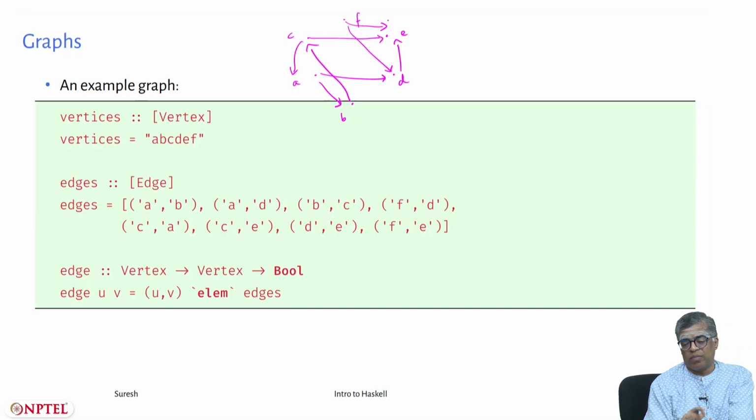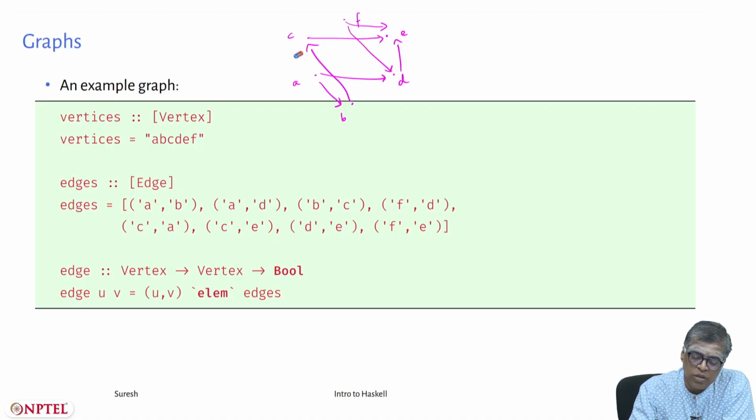Maybe you can draw it better, but this is my graph. Let's draw this better. C to E should actually look like this. Okay, so that's a graph.